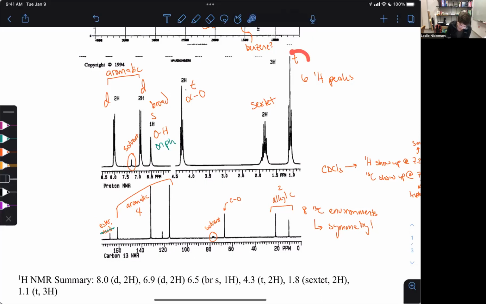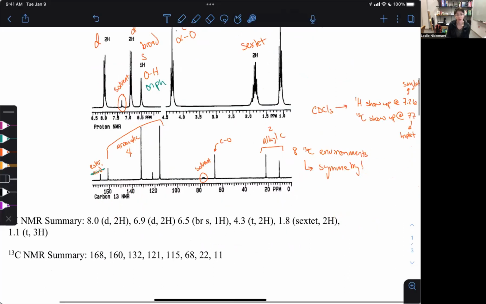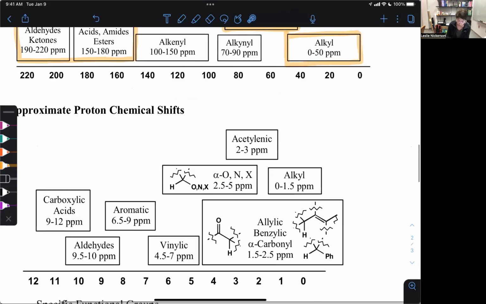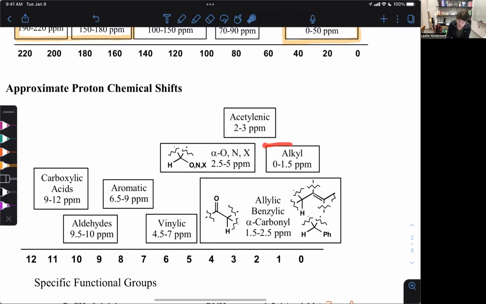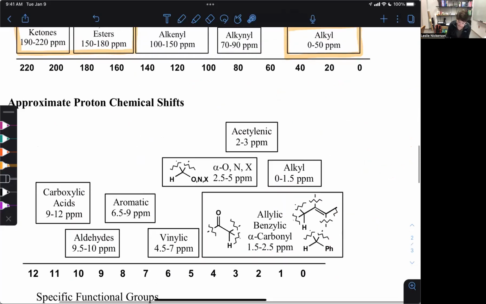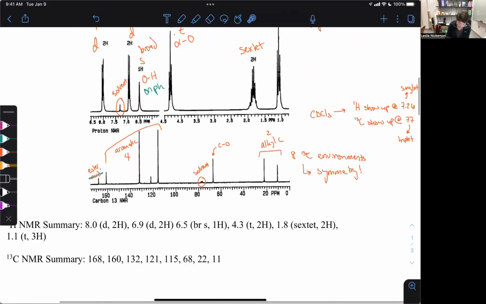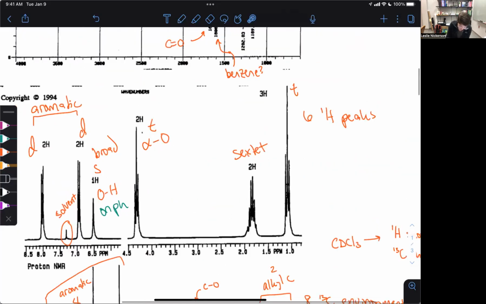And then for these two, let's check before I say anything. Alkyl is 0 to 1.5, and then 1.5 to 2.5 is going to be allylic, benzylic, alpha to carbonyl. Okay, so let's check that out.